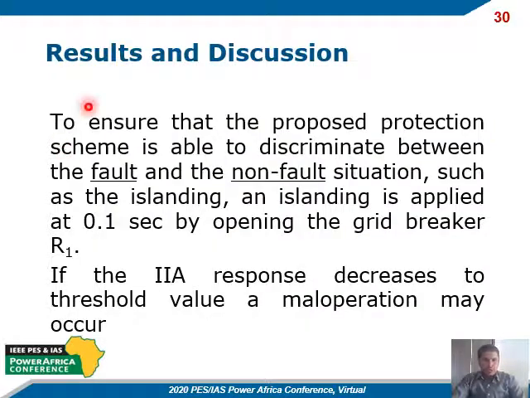Here, to ensure the proposed scheme is able to discriminate between a fault and a non-fault situation, such as an island situation, an island is applied at 0.1 seconds by opening the grid breaker. If the integrated impedance angle response decreases to the threshold value, a maloperation may occur.